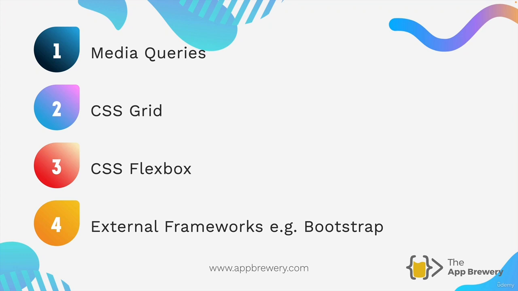But these are some of the main ways that we can create responsive websites very easily in our web design using CSS. In the next lesson, I'm going to dive deeper into media queries because it's a relatively easy to understand system, and it's not as complex as some of these three, which we'll need to dedicate an individual section to and quite a lot of time to.